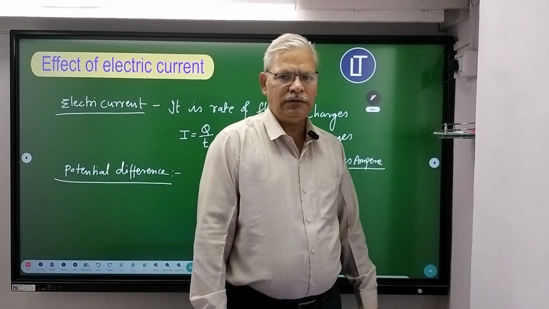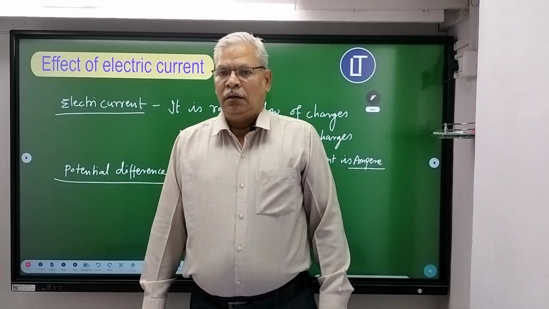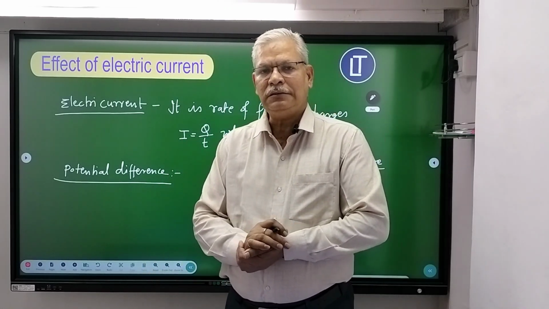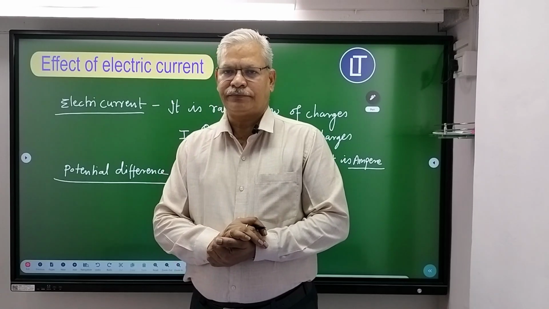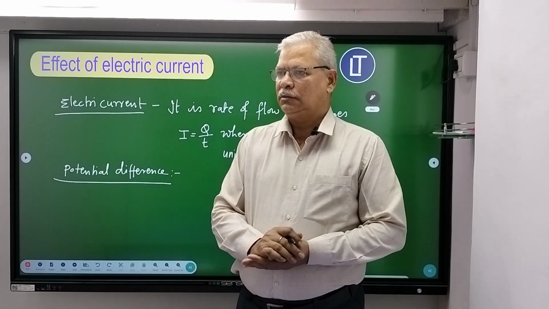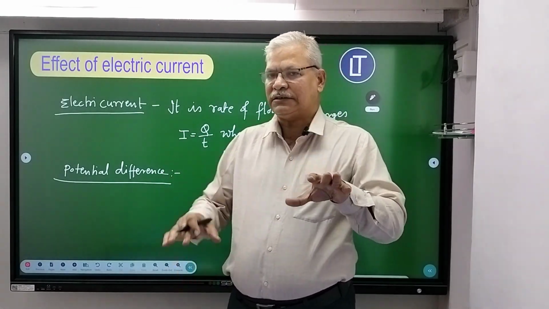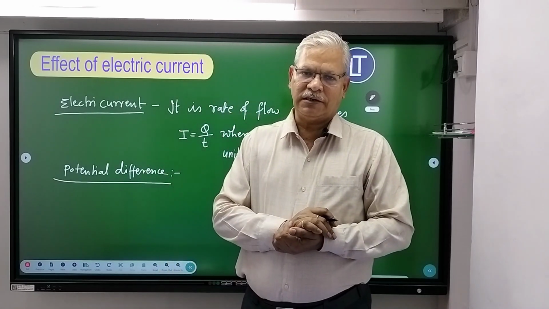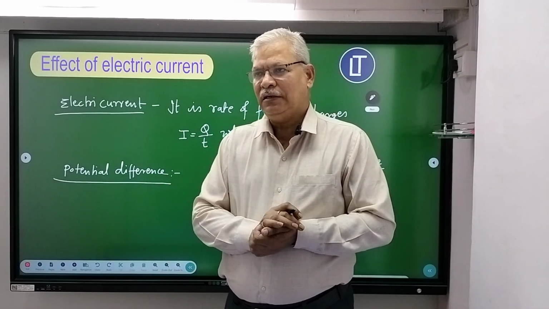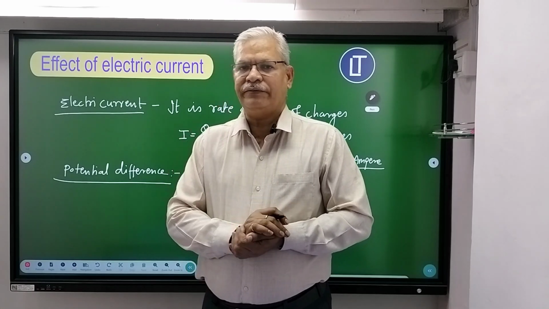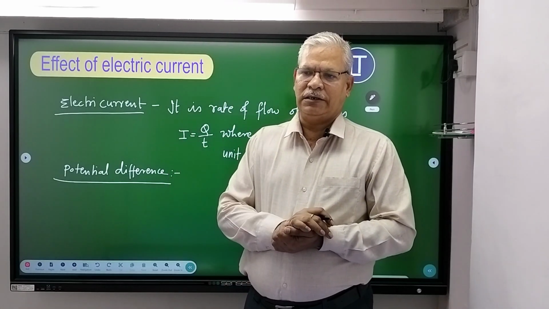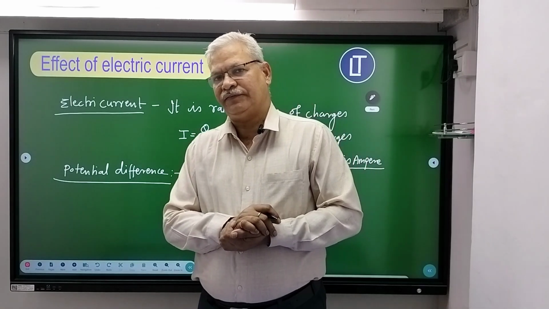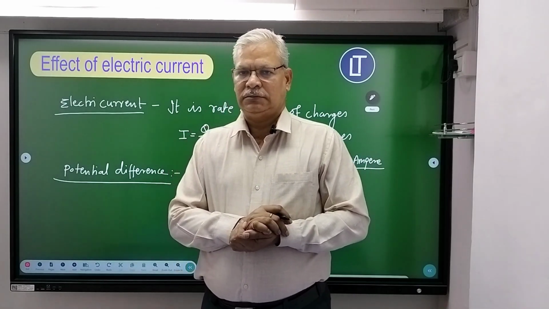Now see, first what is potential? Potential is the level of charge at a point. And when there is a difference in the level of charge, then only current flows. Or you can say for the flow of electric current, there must be potential difference between two points.